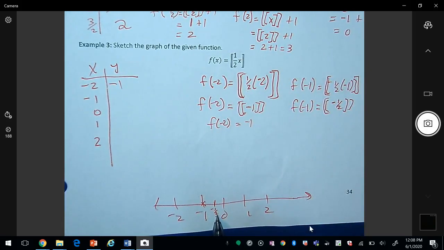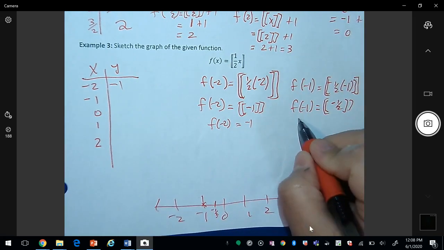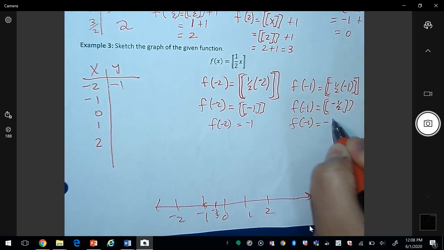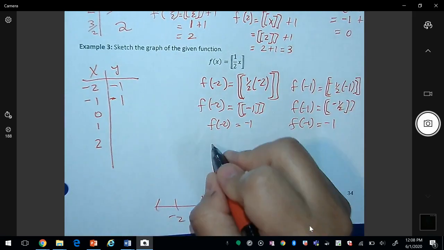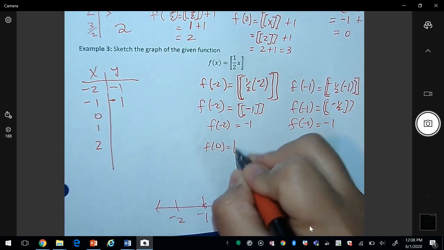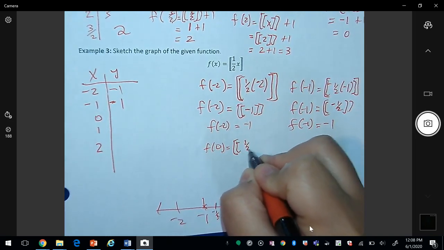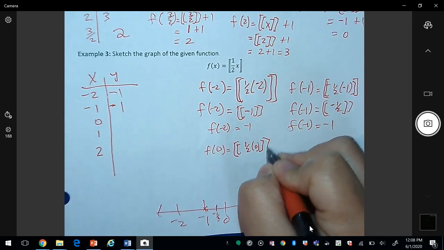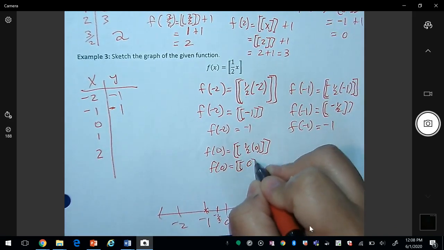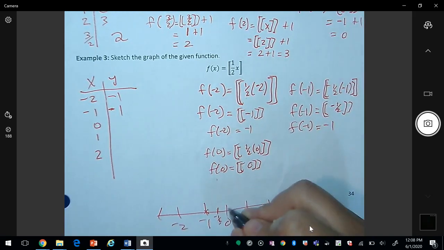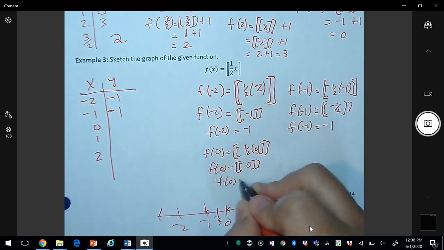And that's not an integer, so the greatest integer less than -1/2 would be -1. So we get -1. F of 0, 1/2 times 0. So 0 is an integer, so that just comes out as 0.